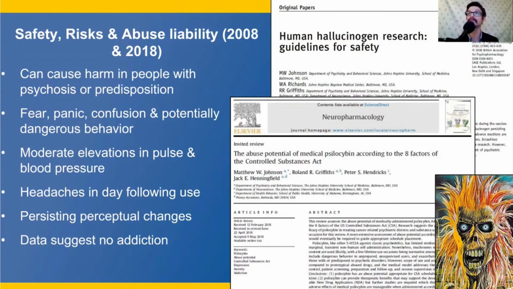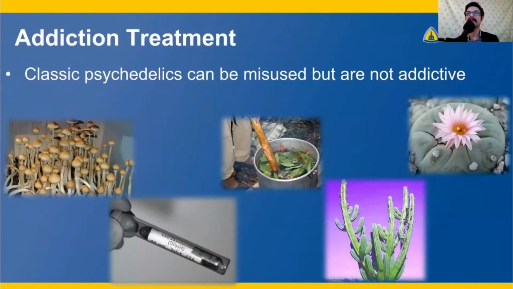And to be clear, these drugs can be abused, meaning just that they can be used in an unwise way that can cause harm to either the self or other people. But they're not drugs of compulsive drug seeking or addiction. No one is jonesing for their next psilocybin or DMT or LSD fix. So that's, again, important, especially in exploring them as addiction treatment medications.